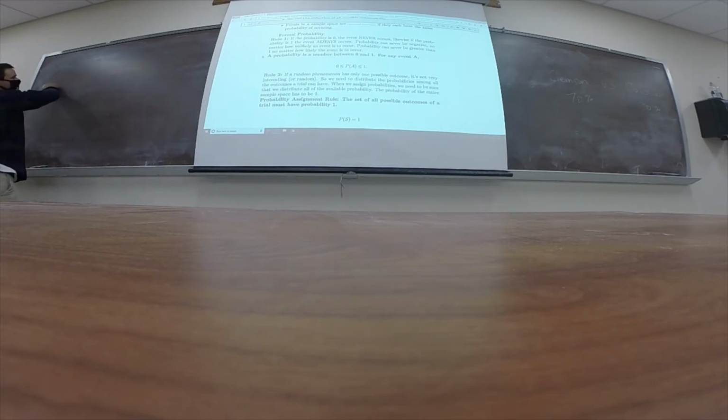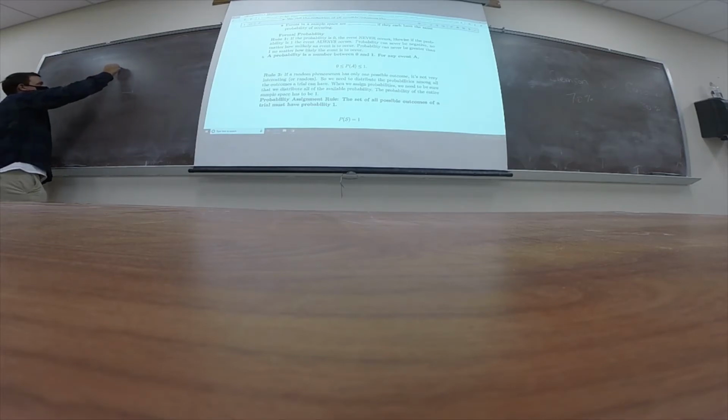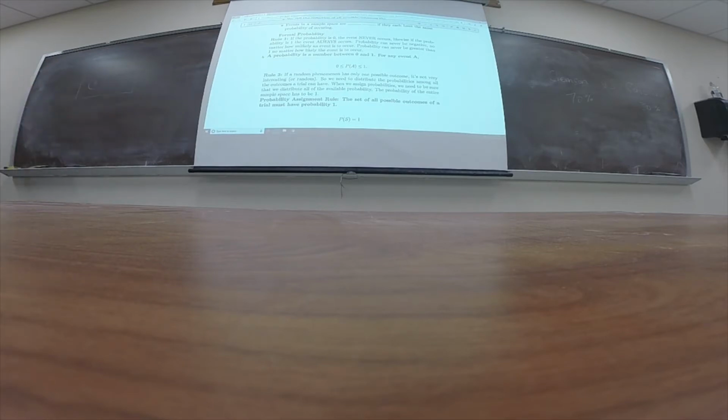If you've looked at sets before, it's kind of like Venn diagrams. This is your sample space. I'm just using this to illustrate. You've got an event A that happens, but these are all the events in this space that could happen.